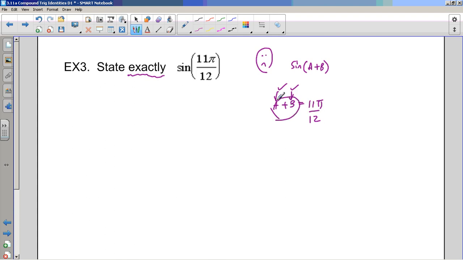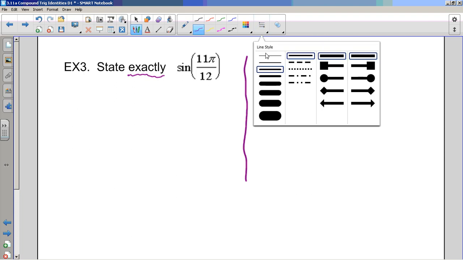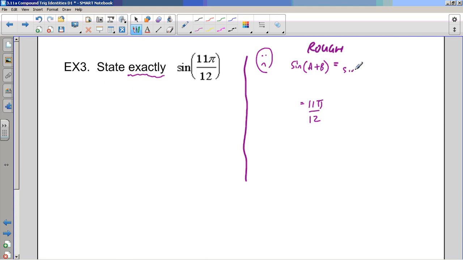Okay, well, what combination of angles a and b might give me 11 pi over 12? Well, notice that, and by the way, this is all rough work at this point. And I think that I'm going to be using this formula eventually, but I don't know what my a and b is.